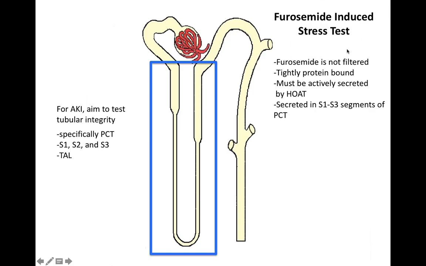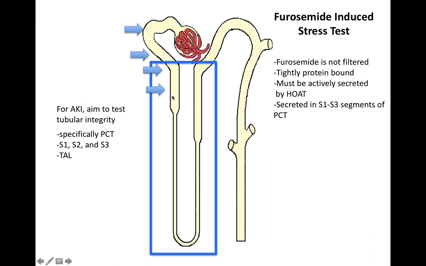And furosemide must be actively secreted by the human organic anion transporter system, which sits here in the proximal segment of the tubule. And so this becomes an interesting phenomenon, because now if you give furosemide to the patient, we hypothesize that the ability to respond to furosemide in and of itself might be a nice way to test the integrity of the proximal tubule.